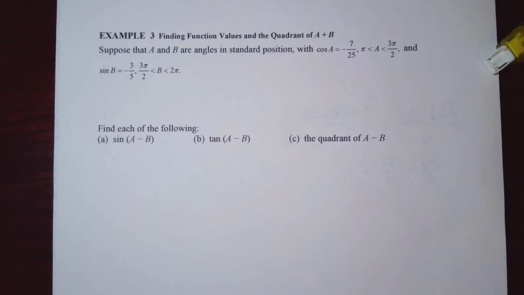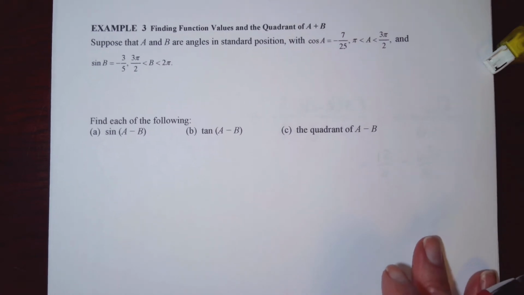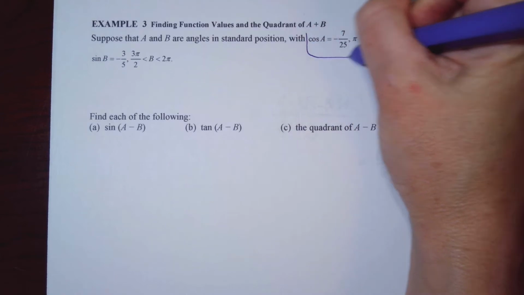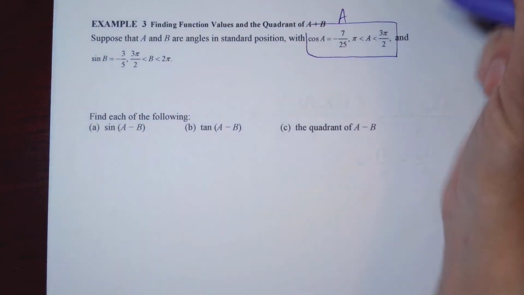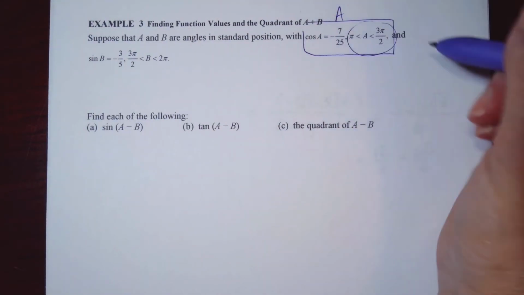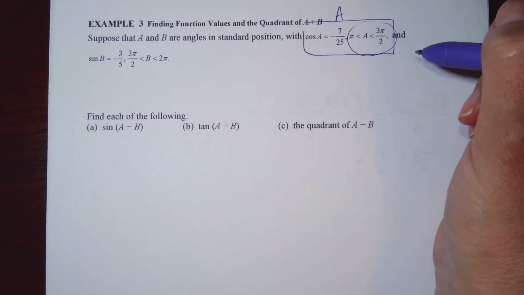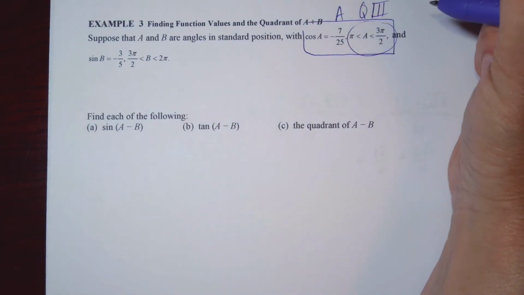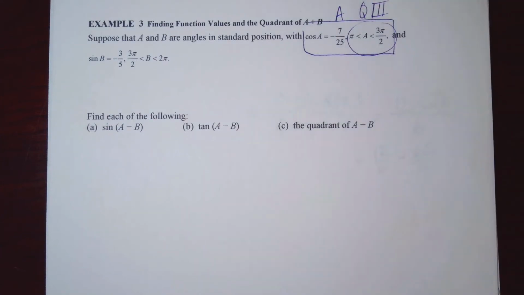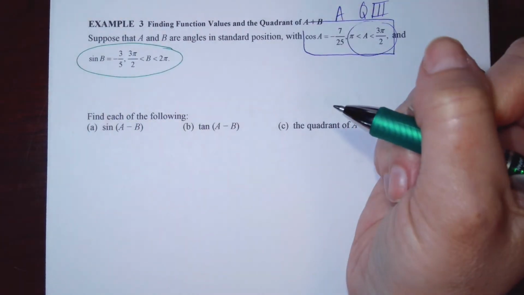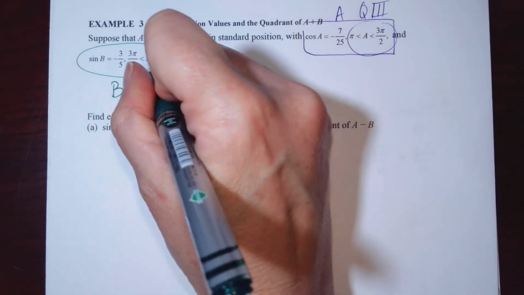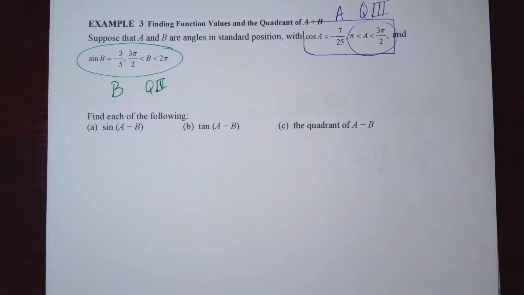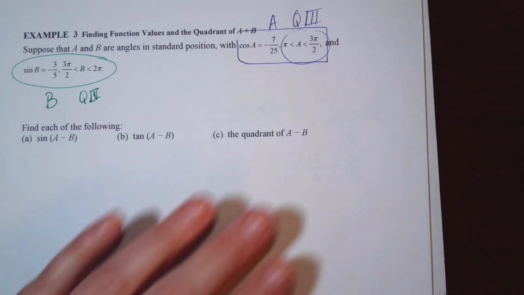Suppose that A and B are angles in standard position, where we're given cosine of A. So this is my information about angle A. If A is between pi and 3 pi halves, then I know that A is in quadrant 3. And then I'm given information about angle B, and B is between 3 pi halves and 2 pi, so B is in quadrant 4. So let's sketch those.